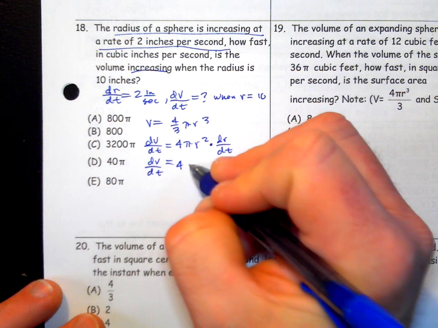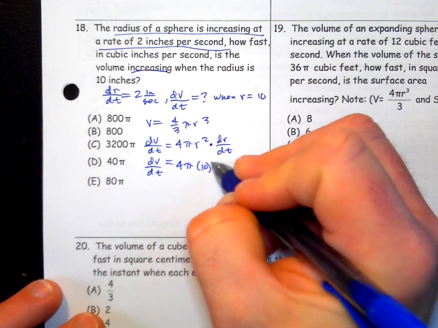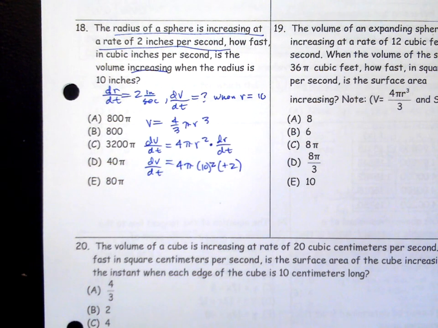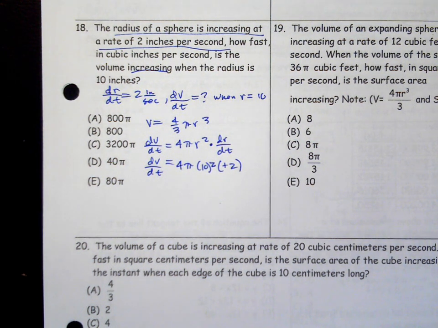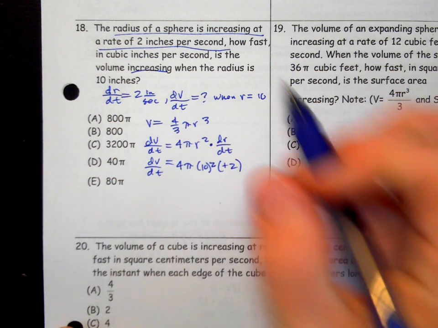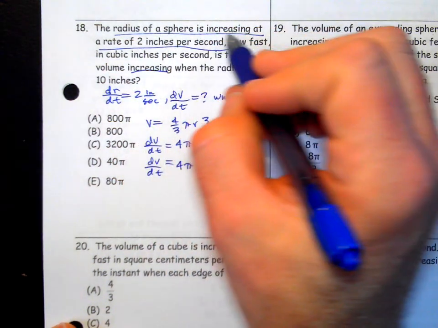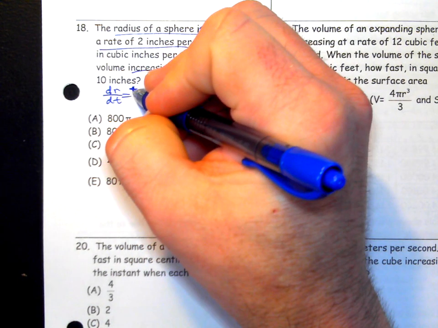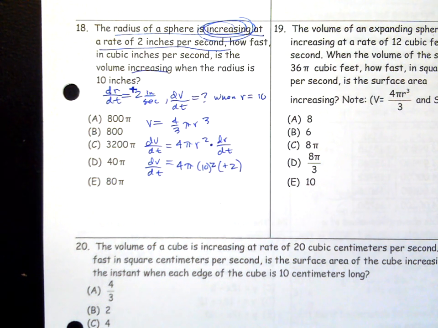So we can now plug in 10 for R and 2. Now be careful with any rate that you are substituting in to think whether it should be positive or negative. And up here it says that the radius of the sphere is increasing. So the other thing that I'm always super careful on related rates is to put positive or negative in front of my rates.